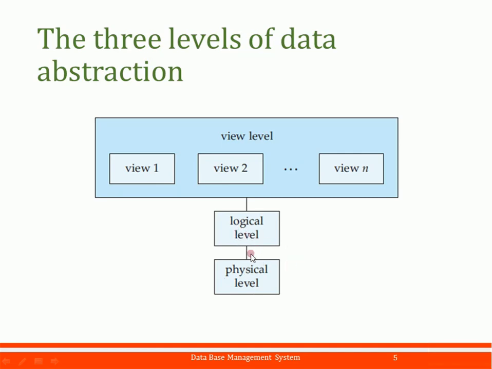This hides the physical details, and shows what data is stored and how it is stored, and what the relationship between the data is. That will be shown in the logical level. Above this, you have the view level, where you have different views of the database. Each and every user will have a different view of the database in this view level. All these put together, you have different views of the data.